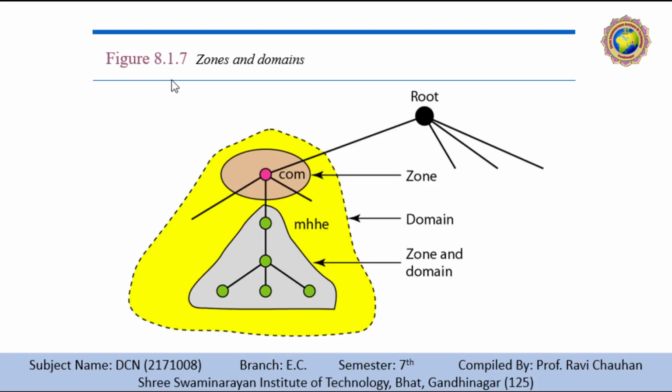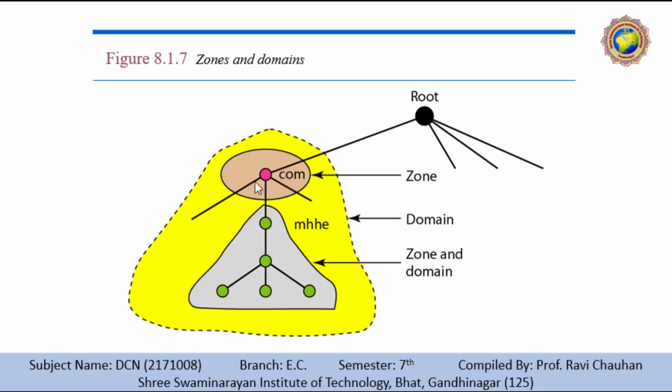Next is the zone. Since the complete domain space hierarchy cannot be stored on a single server, it is divided among many servers. What a server is responsible for, or has authority over, is called a zone.